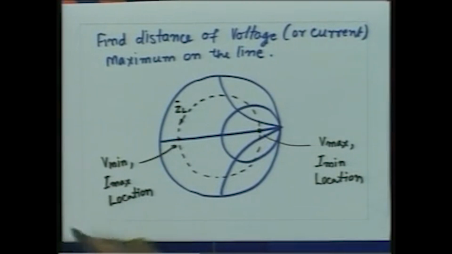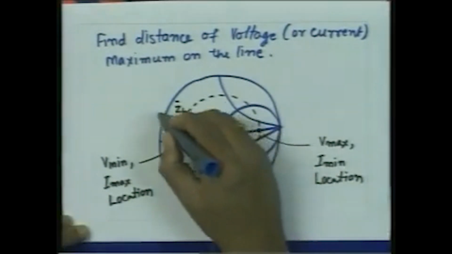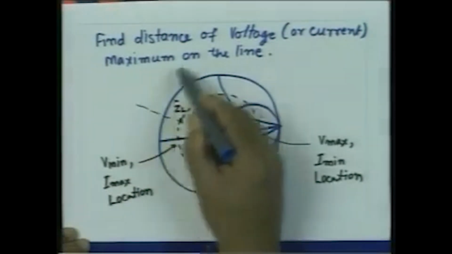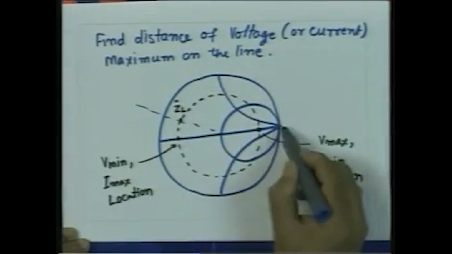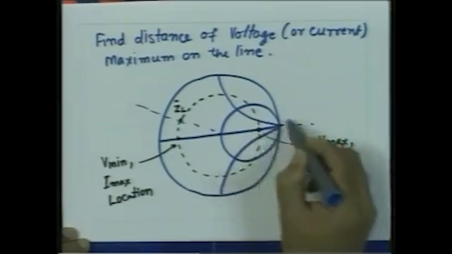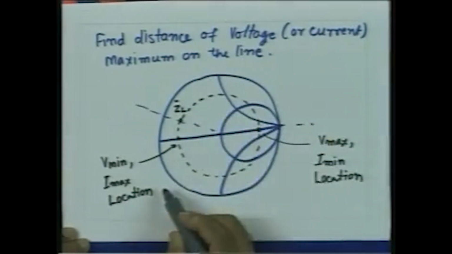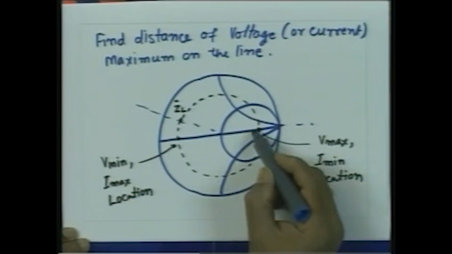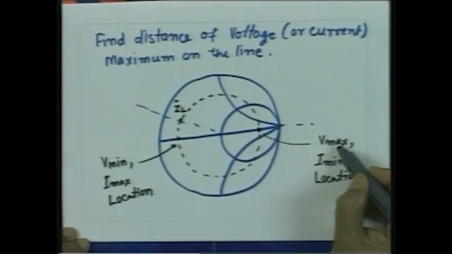Okay. We want to find out this location from the load. Job is very simple. You draw a radius vector passing through the load here. If I now move towards the generator up to this point on the constant VSWR circle, I will reach the location where the resistance is maximum or the voltage is maximum.